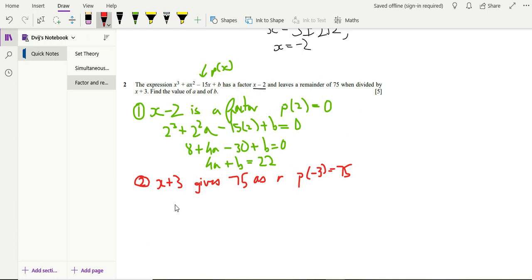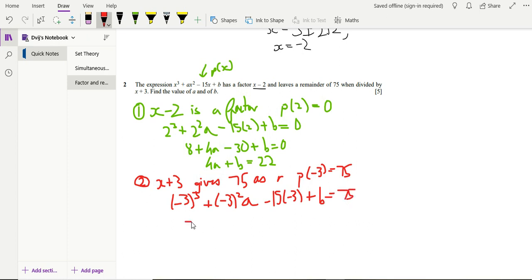And we do the exact same thing again. We get negative 3 cubed plus negative 3 squared a minus 15 times negative 3 plus b is equal to 75.